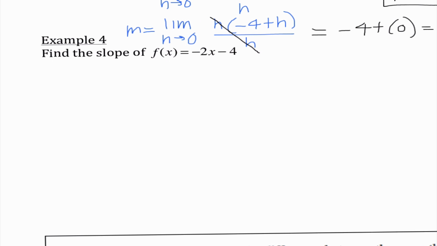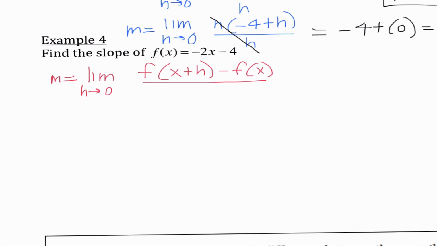This time, I just want to point out that they're not telling us find the slope at a specific point. They're just saying find the slope of this line. So that just means I'm going to do things slightly differently here. So I'm going to write out finding the limit as h approaches 0 of f of x plus h minus f of x over h.